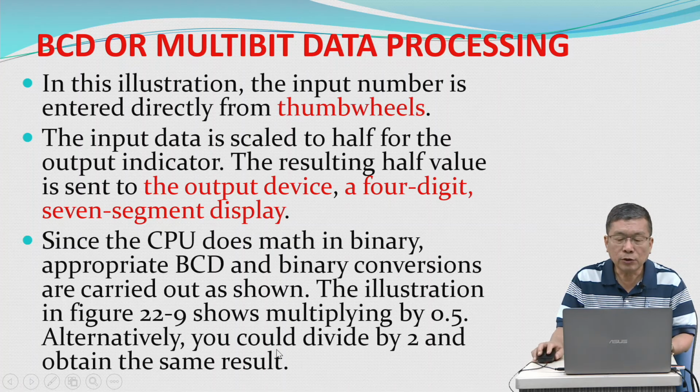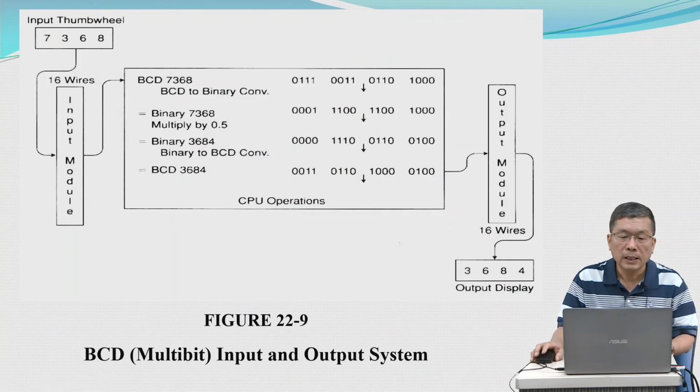Alternatively, you could divide by 2 and obtain the same result. This picture shows the BCD or multi-bit input and output system.